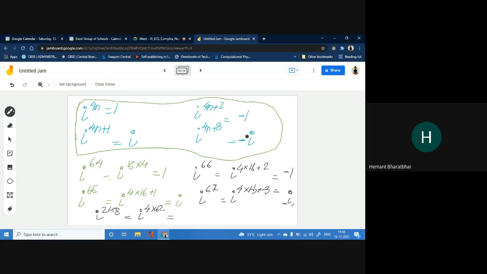So it is i raised to 4, and whenever it is i raised to 4, it is how much? 1. Therefore, i raised to 248 is nothing but 1.